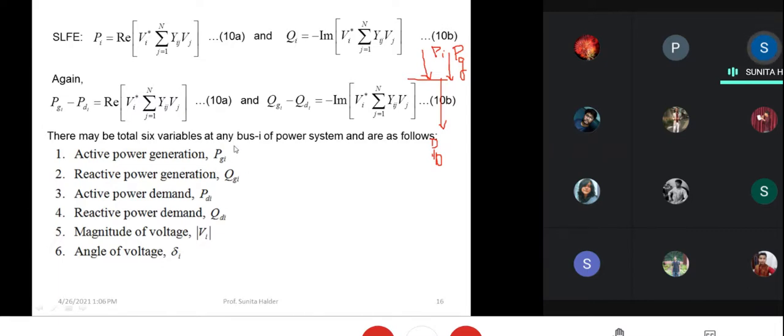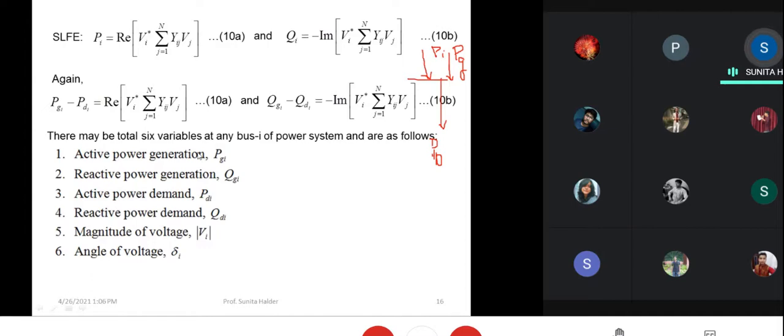In that sense, active power generation is a variable that we can control by prime mover input. Reactive power generation is a variable that we can control by field or compensation. Active power demand is controlled by the consumer. Reactive power demand is controlled by the consumer. The magnitude of bus voltage and angle are variable depending on the power available at that bus and at the nearby, interconnected buses.